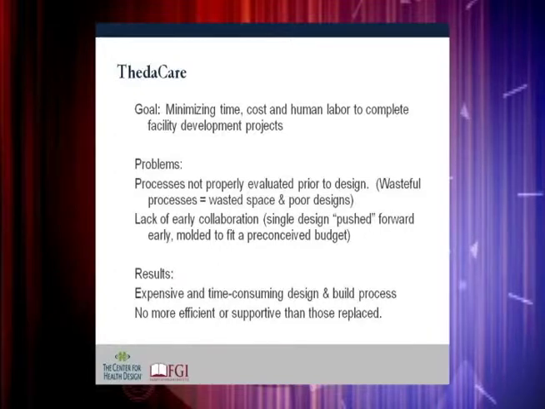Lack of early collaboration. I think we've had enough conversation about that, right? The results were expensive, time-consuming designs and build processes, and no more efficient, supportive than the ones they replaced. So you essentially take an old hospital, you transplant it into a new hospital. It's pretty, but it doesn't actually function better.